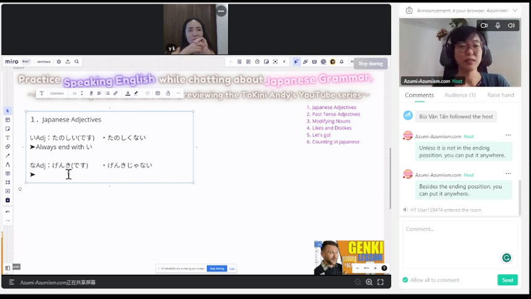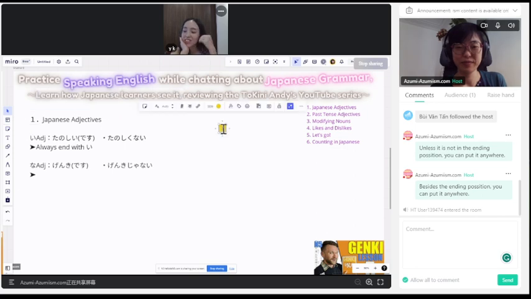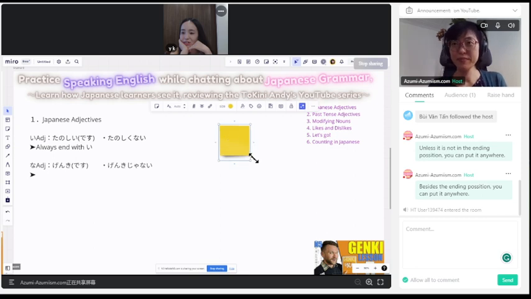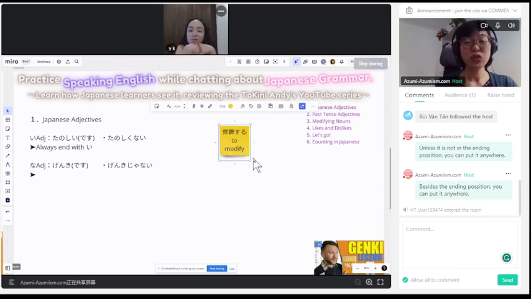What does modify mean? 修飾する。Okay, modify. 修飾するですね。Yes, when it comes to modifying a noun, then it matters, but if it's not modifying a noun, then it really doesn't matter.